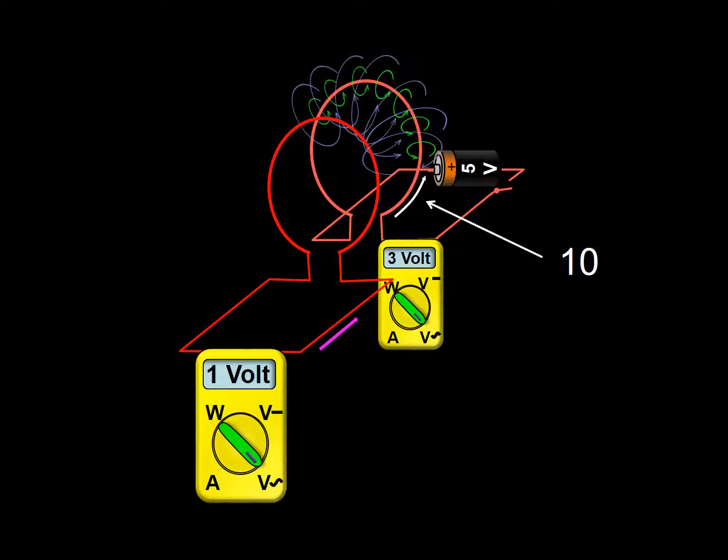The magnetic force also triggers a current that, unlike the current that was triggered when the circuit was turned on, goes in the same direction as the current that was produced by the battery.